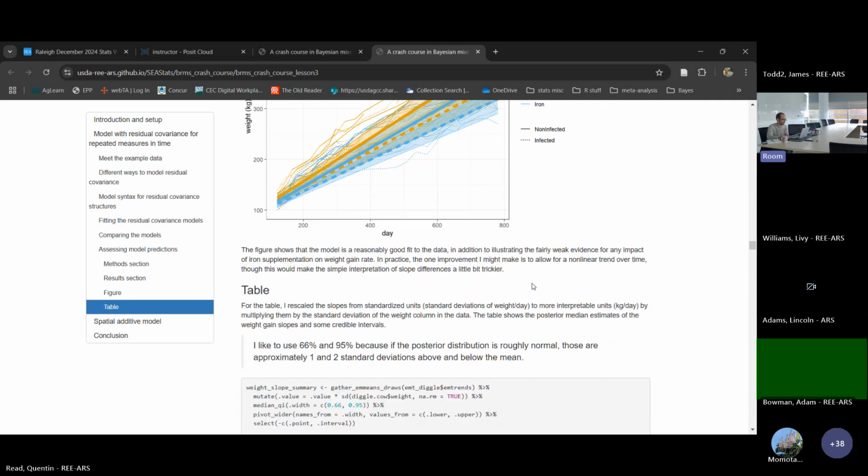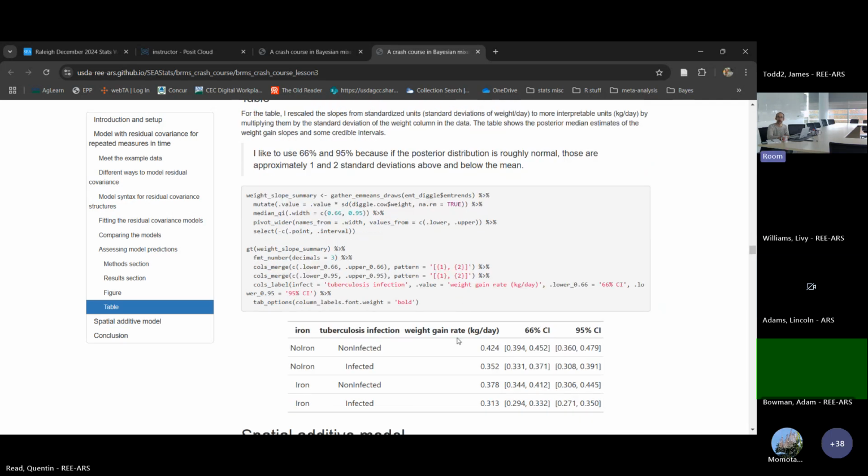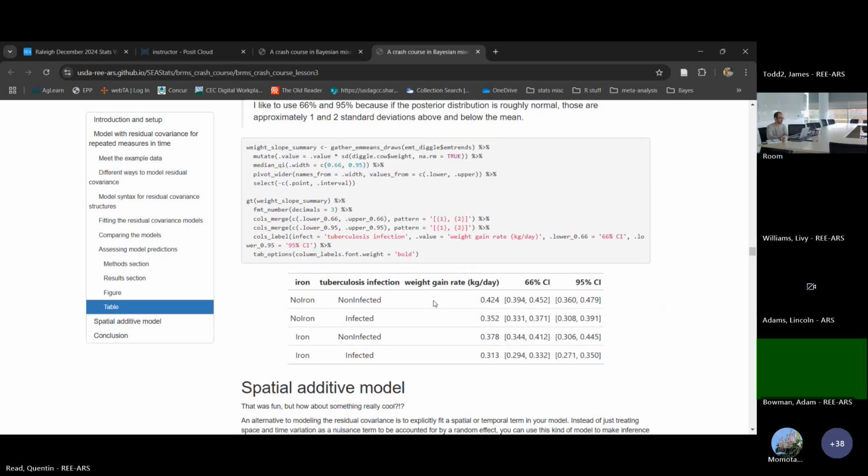And as for tables, once again, I transformed back from the standard deviation units back to the kilograms per day units by multiplying the slopes back by the standard deviation again. And so then you can get the weight gain rate in kilograms per day for each of the 4 treatment groups and its credible interval.